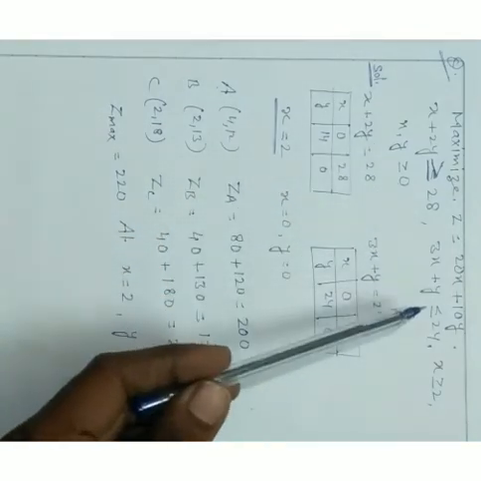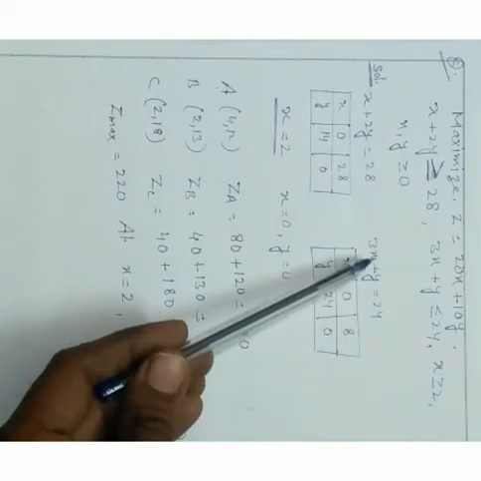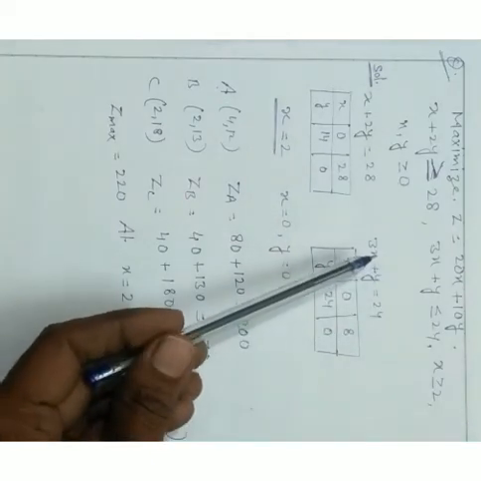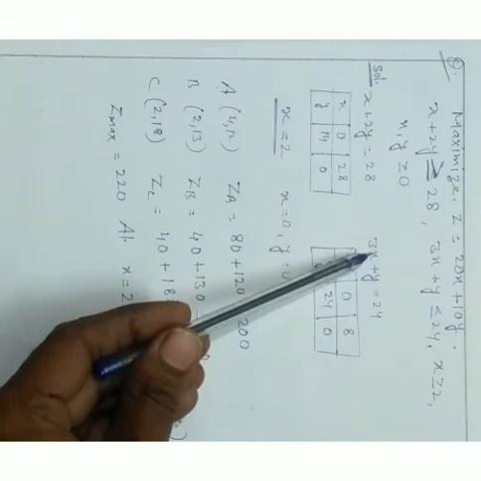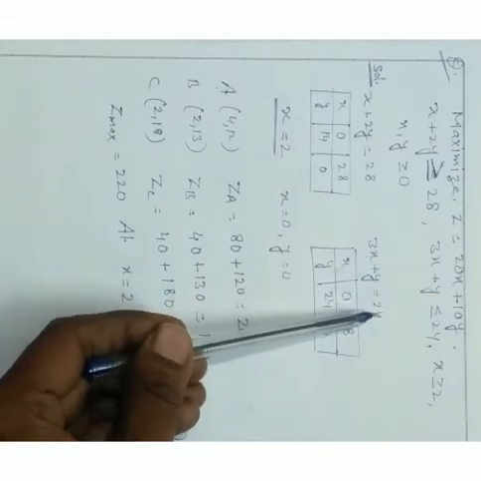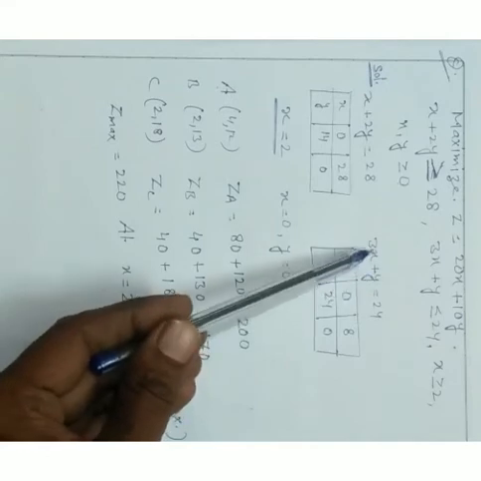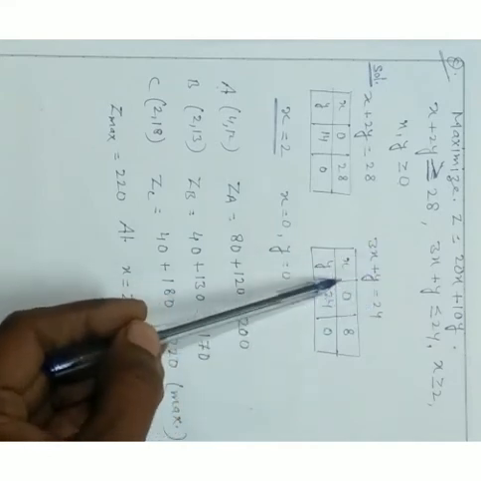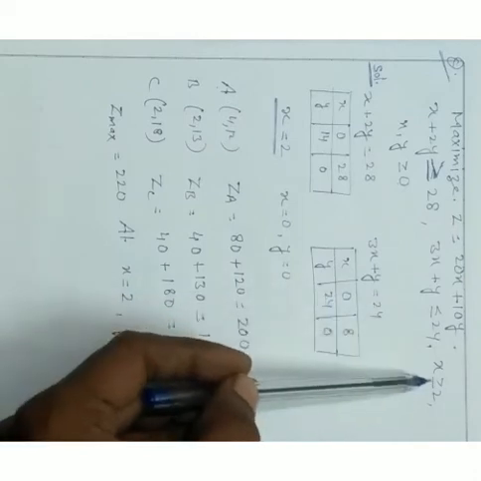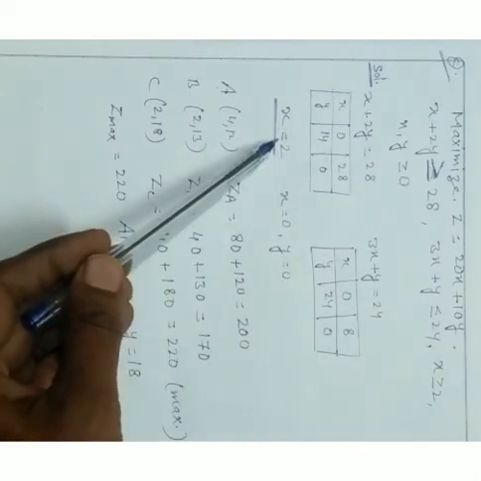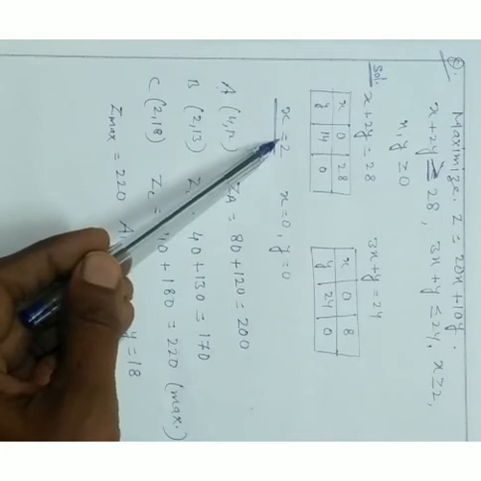Now we draw the table for the second equation, 3x plus y equal to 24. If we put x equal to 0, y is 24. And if we put y equal to 0, x is 8. So this is the table. Here we are having only one variable, x equal to 2, which will be a straight line parallel to the y-axis.